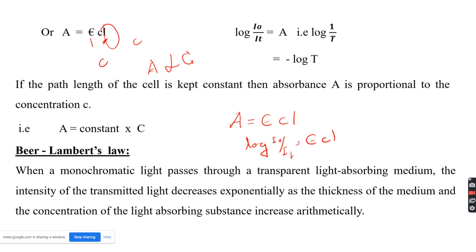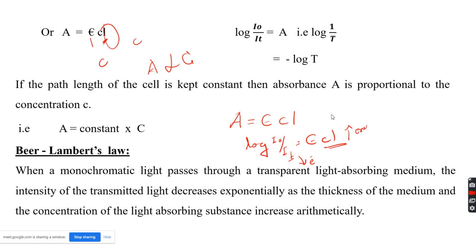When a monochromatic light passes through a transparent light absorbing medium, the intensity of the transmitted light decreases exponentially as the thickness of the medium and the concentration of the light absorbing substance increase arithmetically.